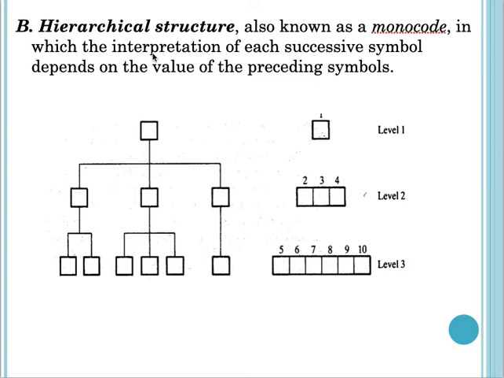In the hierarchical structure, the interpretation of each succeeding symbol depends on the value of the preceding symbols. The hierarchical structure is also called monocode. It provides a relatively compact structure which conveys a lot of information about the part in a limited number of digits.